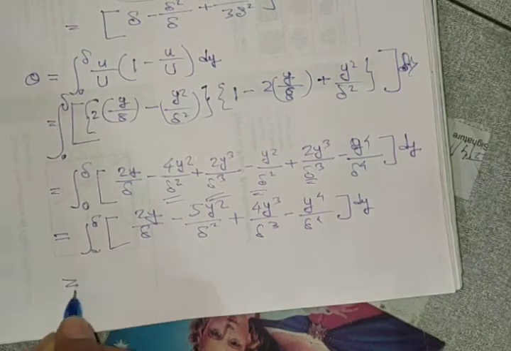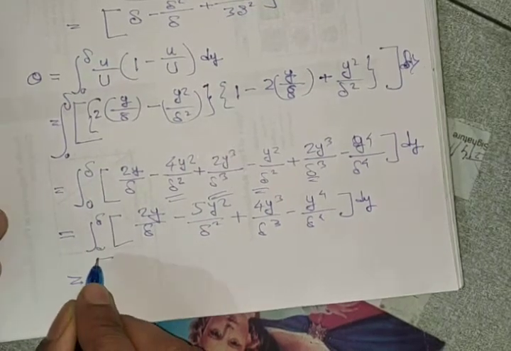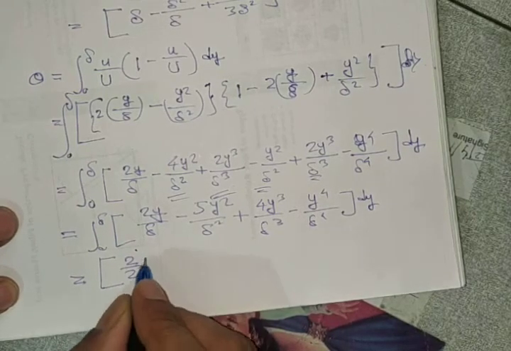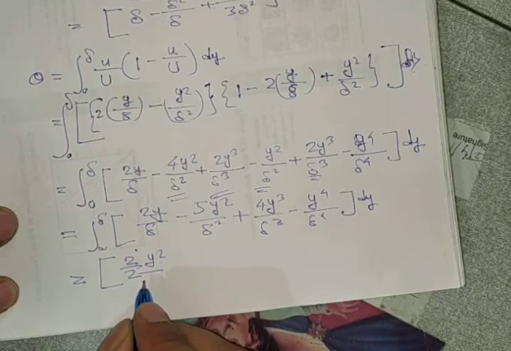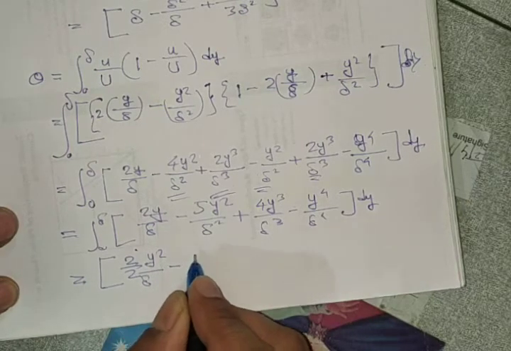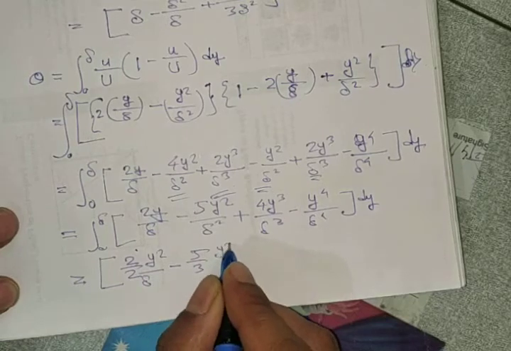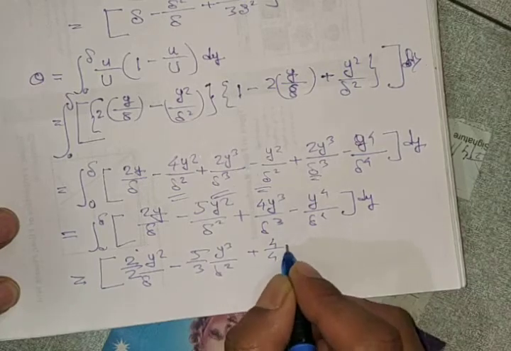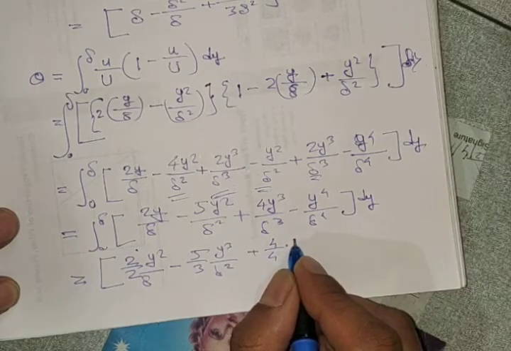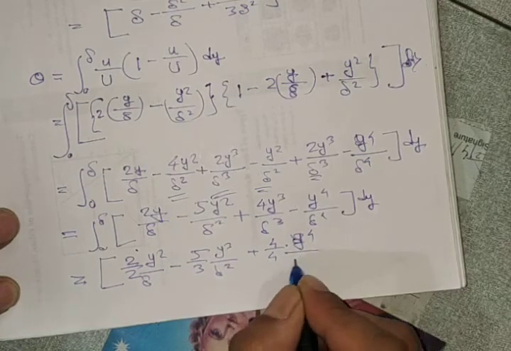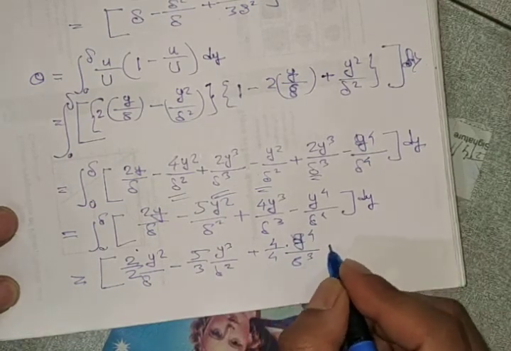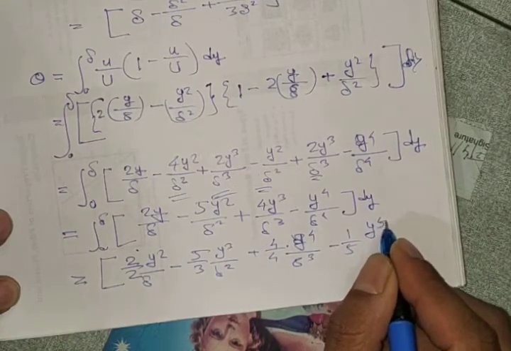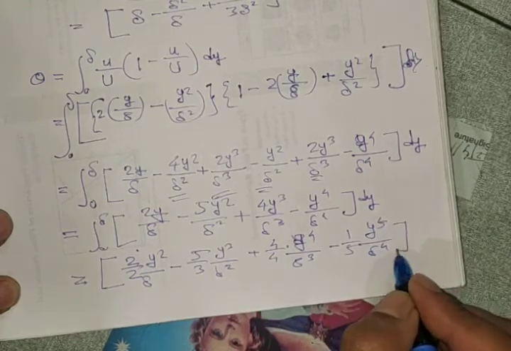And after integration you will get 2 y square by 2 delta, minus 5 by 3 y cube by delta square, plus 4 by 4 y to the power 4 by delta cube, minus 1 by 5 y to the power 5 by delta 4, from 0 to delta.